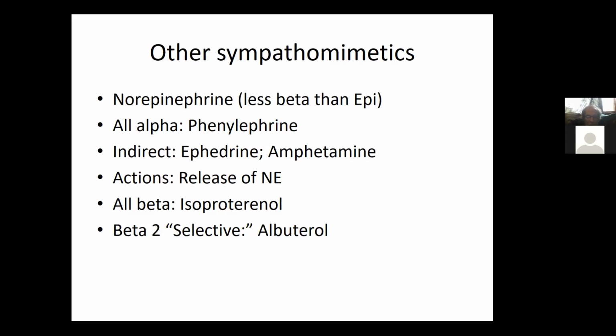So isoproterenol would stimulate both heart and bronchial smooth muscle, whereas in a relatively selective agent like albuterol, it has many fewer effects as far as the heart is concerned, but maintains that reasonably selective aspect of beta 2.